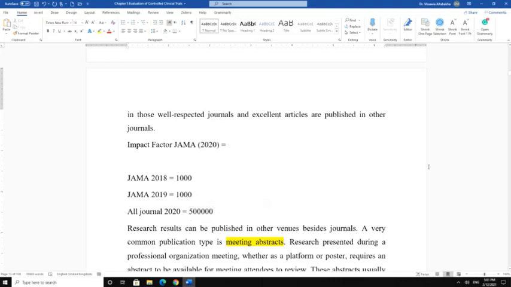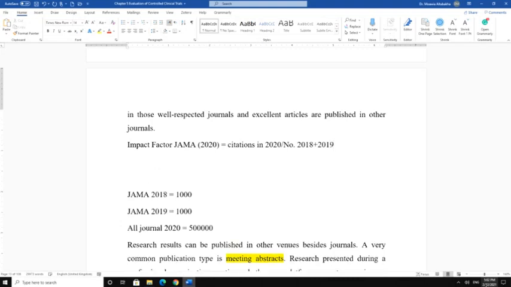So how do they calculate the impact factor for JAMA 2020? They look at how many citations in 2020, and then they divide that by the number of publications in JAMA in 2018 plus 2019. So we write how many times in 2020 they referred to JAMA: 500,000 times.